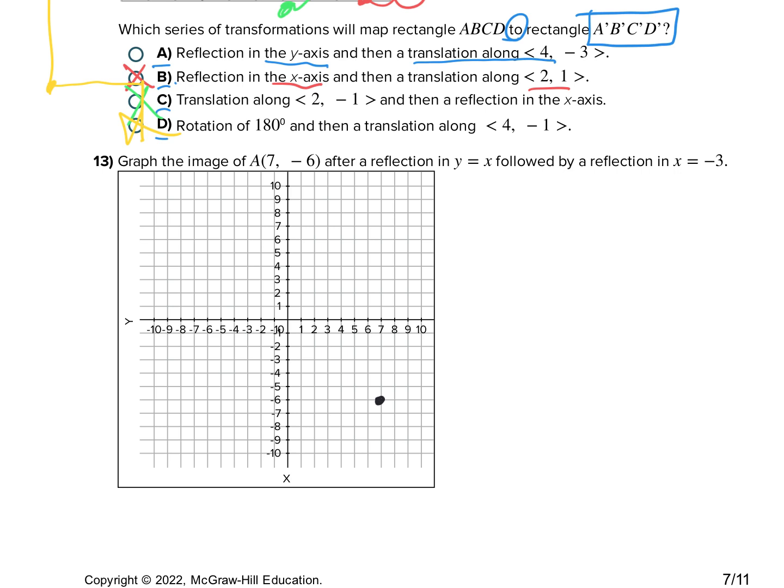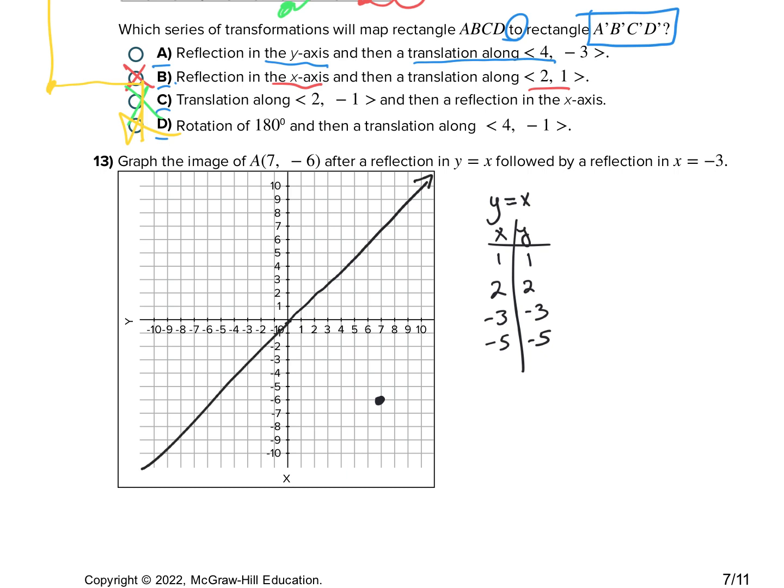Now remember, y equals x, when I graph that, the x and y values are exactly the same. So we have that diagonal line. So we're going to reflect over that first.